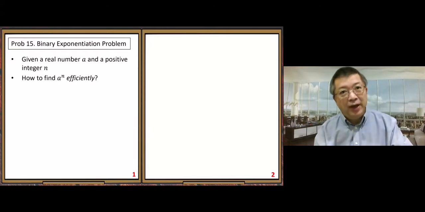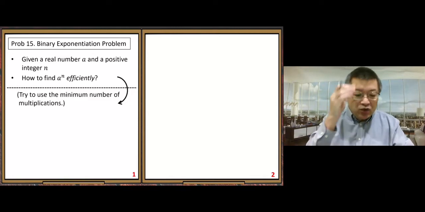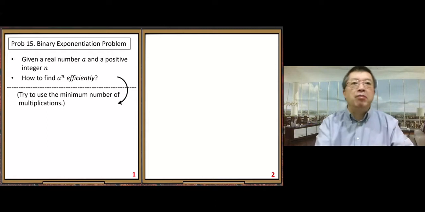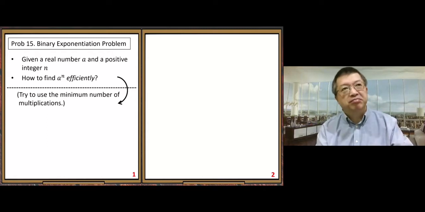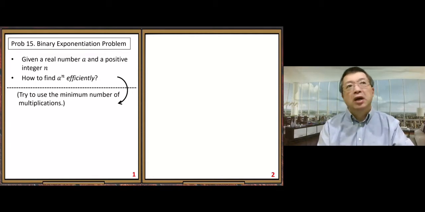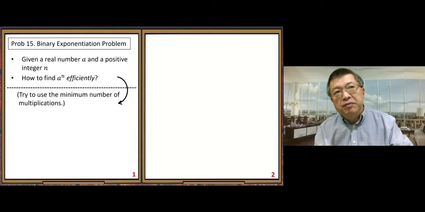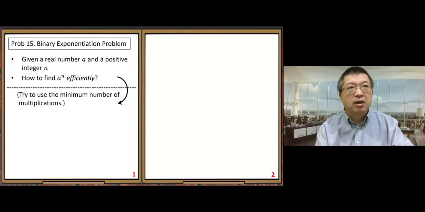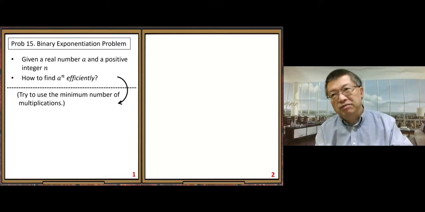That's simple. Okay? Here we know efficient means try to use the minimum number of multiplications. Try to use minimum or close to minimum. Because later we will see if we really want to find the minimum, it is very complicated.